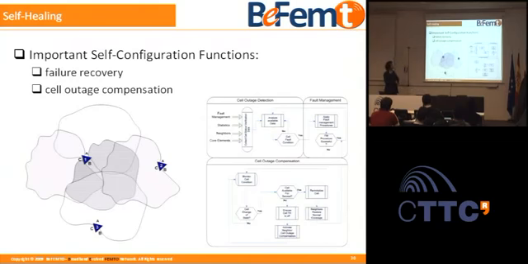Now, when it comes to the last point, which is self-healing, there's essentially failure recovery and cell outage compensation. And failure recovery, well, it's a complicated thing, because you have to think that you have some eNode B running there in the field, and it suddenly stops reporting and you don't know what happened.